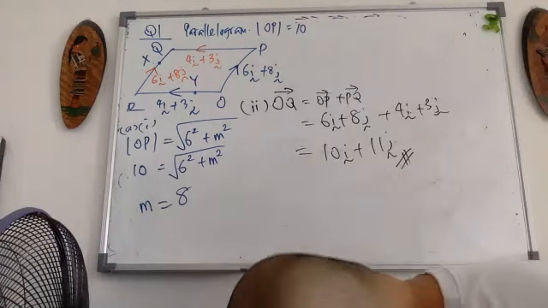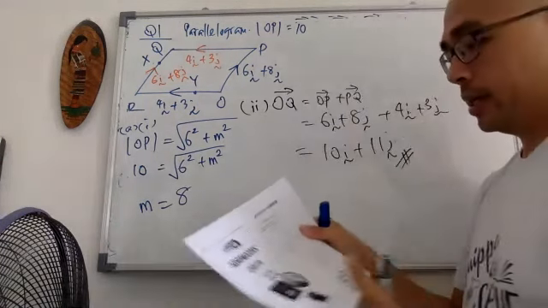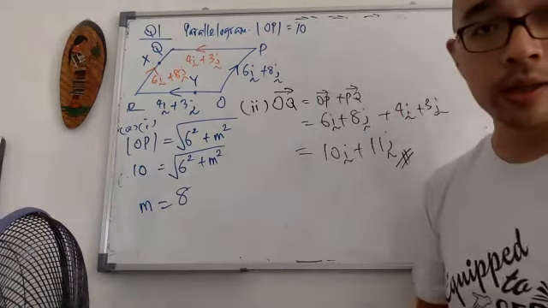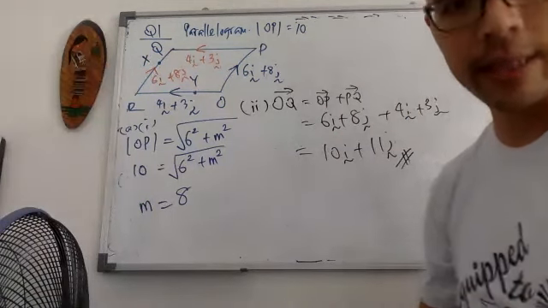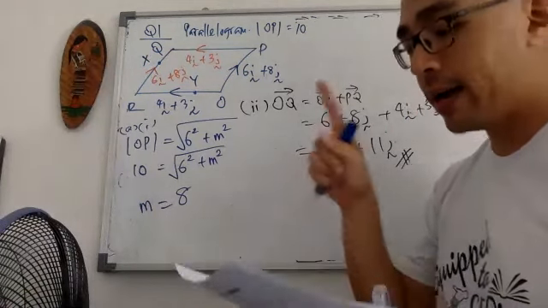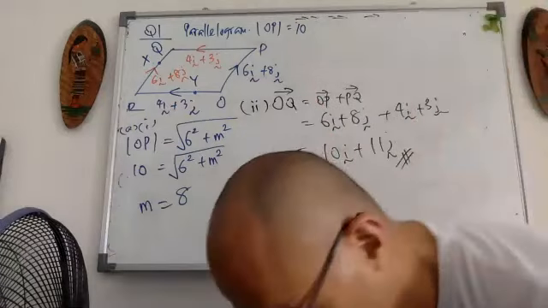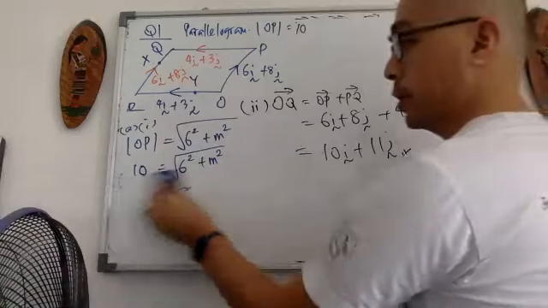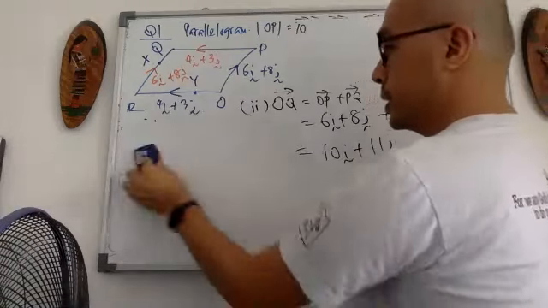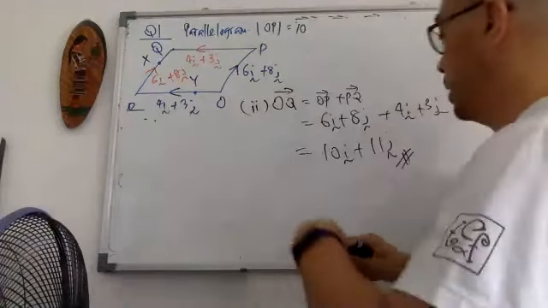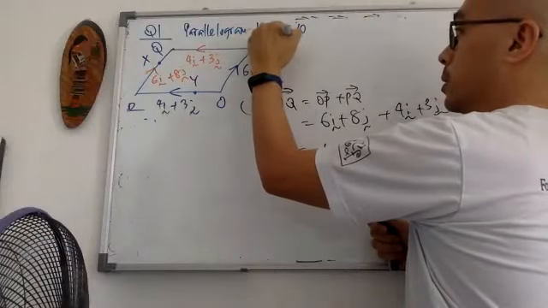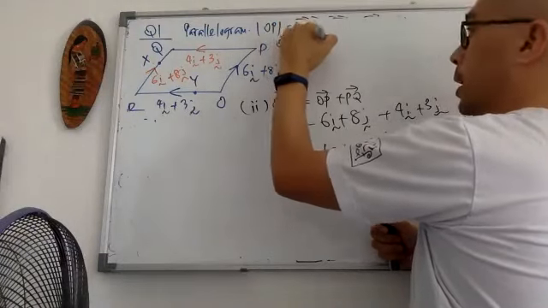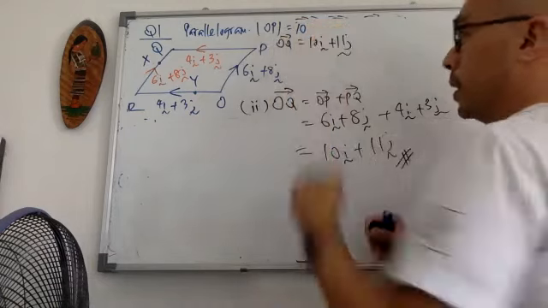Now, next question. Given that, and this is where all the complicated stuff comes in now, Rx is 2 over 3 RQ. Once again, we're dealing with ratios. I'm going to minus this first. I have OQ equals 10i plus 11j.